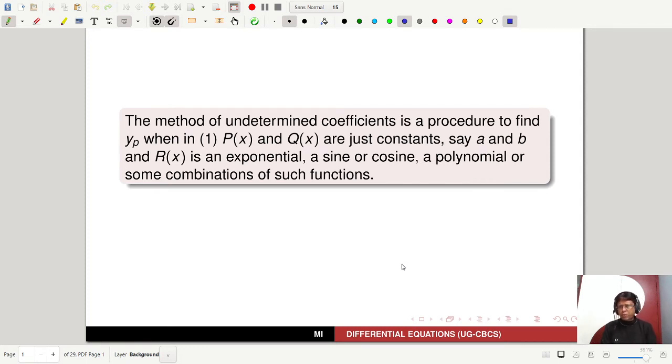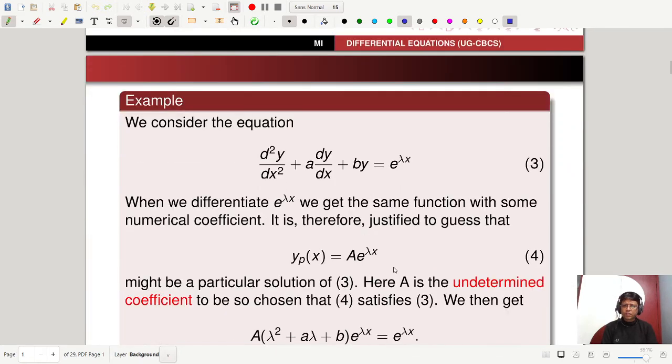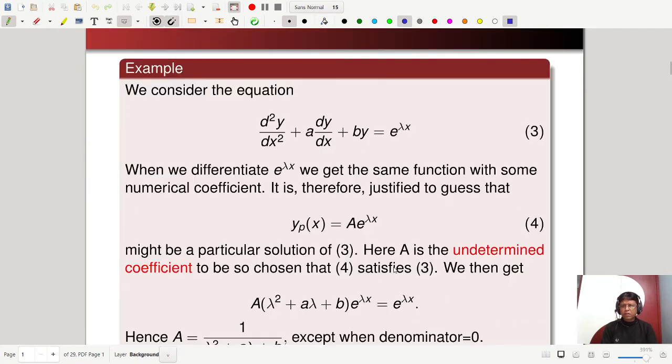So let's have the concept of that method. For example, suppose you are considering equation number 3, that is d2y/dx2 plus a dy/dx plus b y equal to e to the power lambda x, where a and b are constants. Instead of functions of x, we take a and b, the coefficients, as constants. Now when we differentiate e to the power lambda x, we get the same function, right?